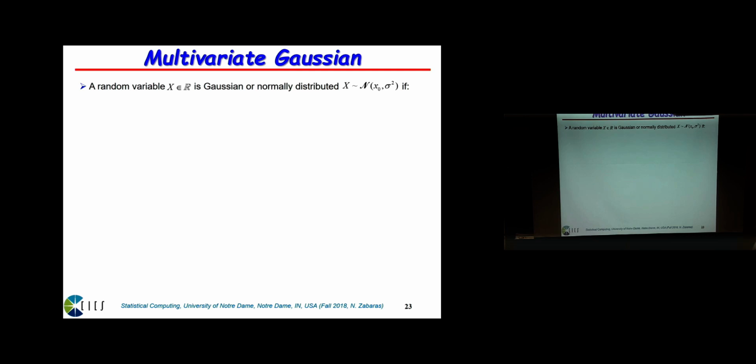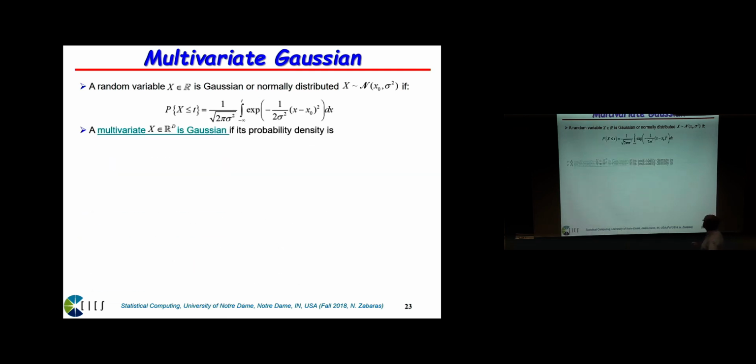All right, multivariate Gaussian. So we have seen the Gaussian in 1D. So this is your famous Gaussian in what dimensions do we have here? In D dimensions, okay?